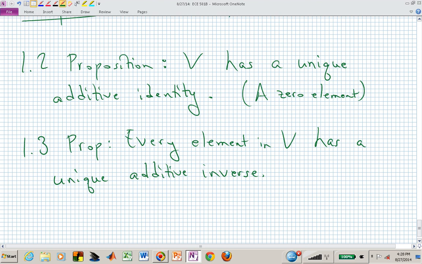If you simply think of the real numbers being a vector space, now proposition 1.3 simply says, you give me an element on the real number line, 6. What's its additive inverse? -6. And that's unique.